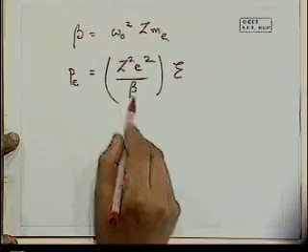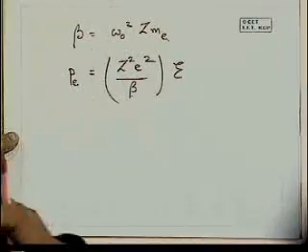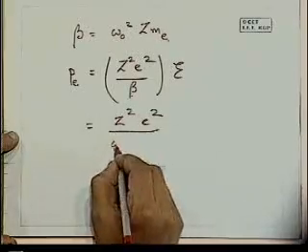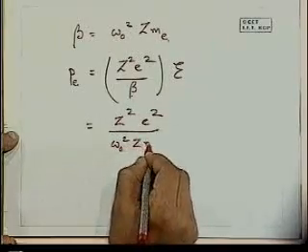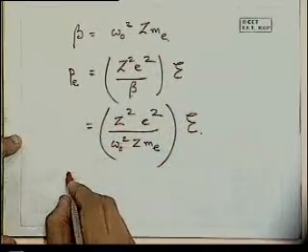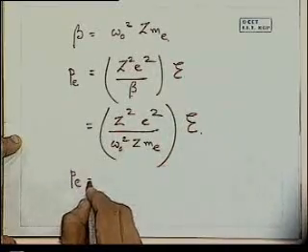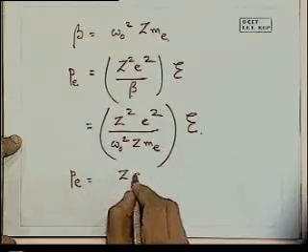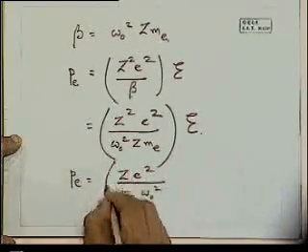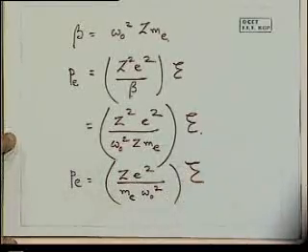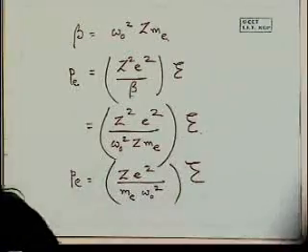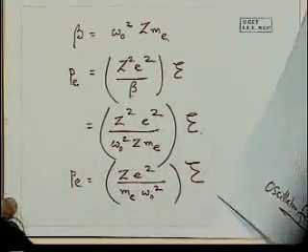And I can make a substitution for beta here, right? And write it as Z squared e squared by omega naught squared Z me. And therefore pE is equal to Z e squared by me omega naught squared times the field, whatever be that symbol, I often confuse it.